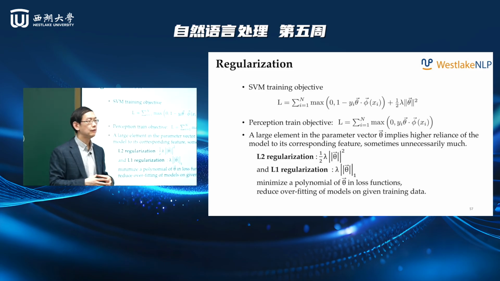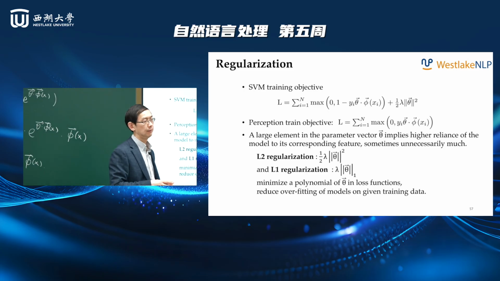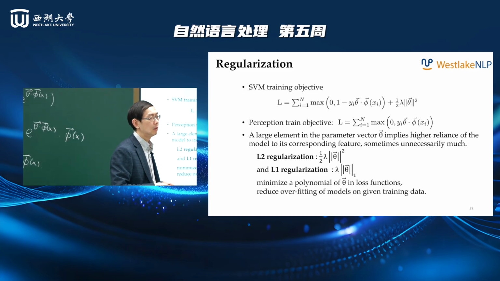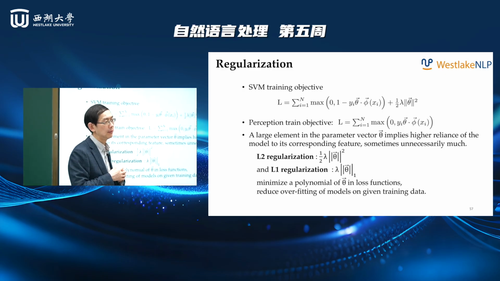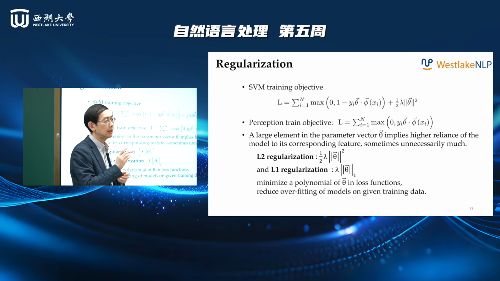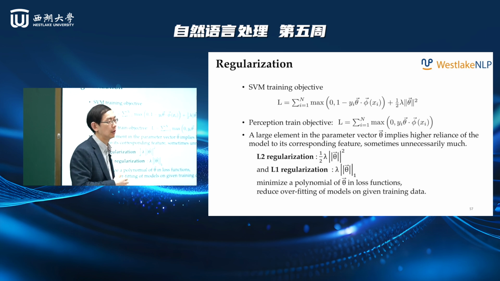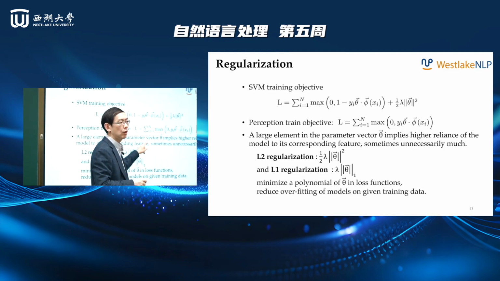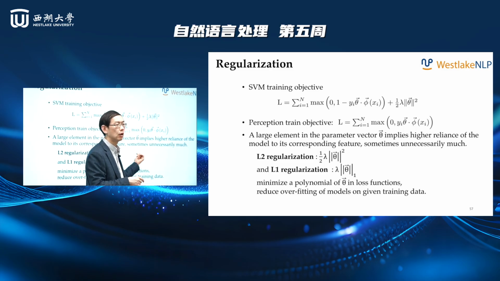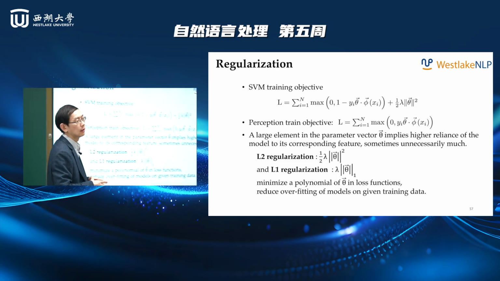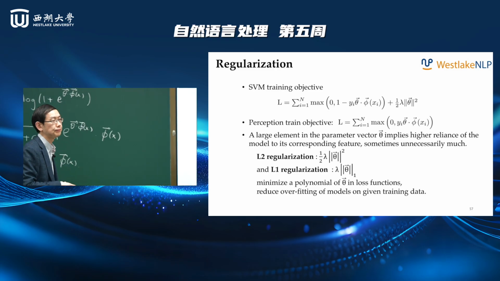As a result, this is called regularization. Minimizing a half of theta square is called L2 regularization, and minimizing the theta norm is called L1 regularization. You can add regularization to your perceptron training algorithm, leading to SVM. You can also add regularization to your logistic regression or multi-class log linear models.